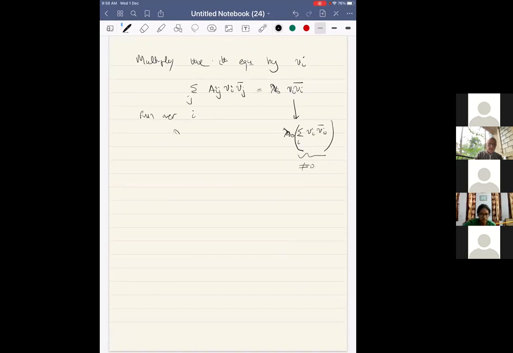In fact, it is a positive real number. On the other hand, the left-hand side is the sum over i, sum over j, of A_ij v_i v_j bar. I interchange the sums.